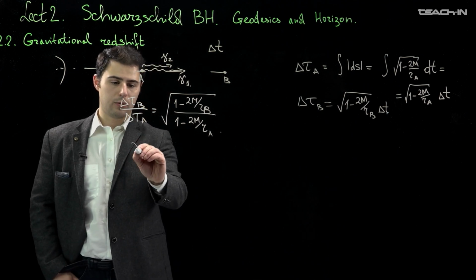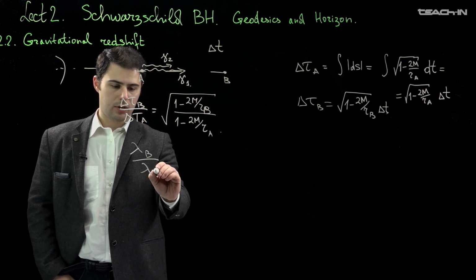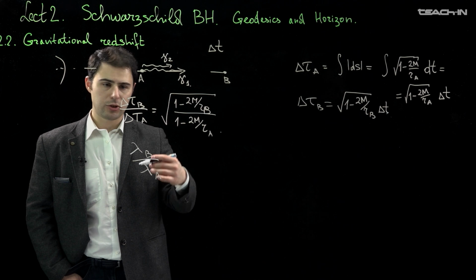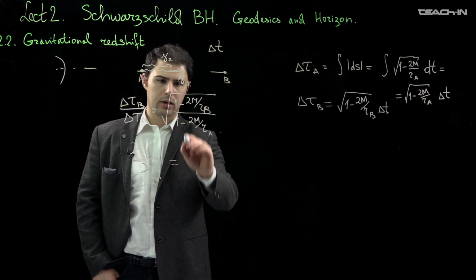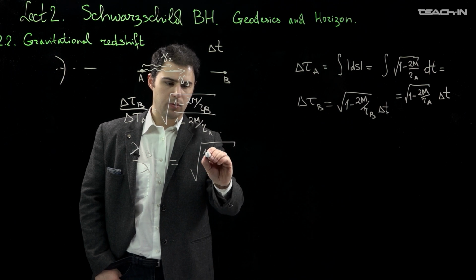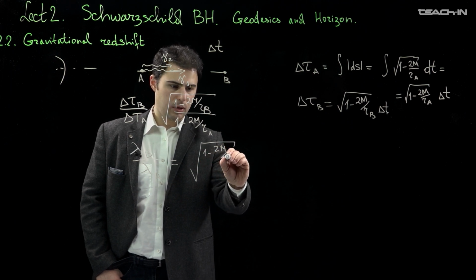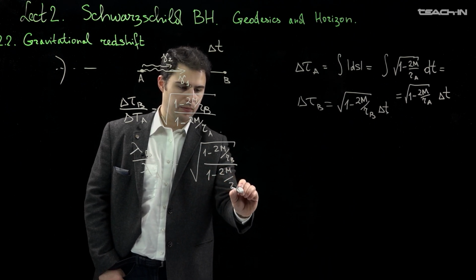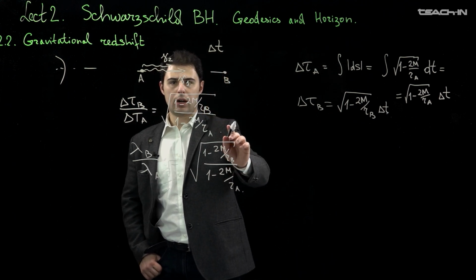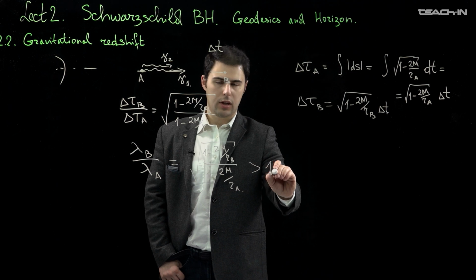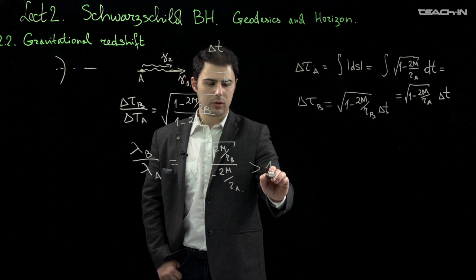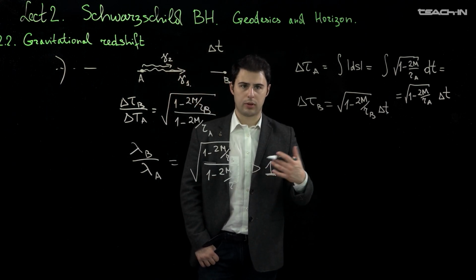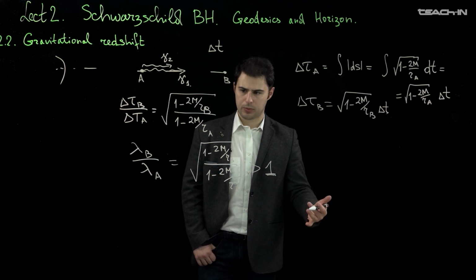So the ratio of the wavelengths is given by the same value, the square root of 1 minus 2m over r_B, divided by the square root of 1 minus 2m over r_A. Note that since r_A is less than r_B, this is always greater than 1. So the wave is undergoing a redshift.